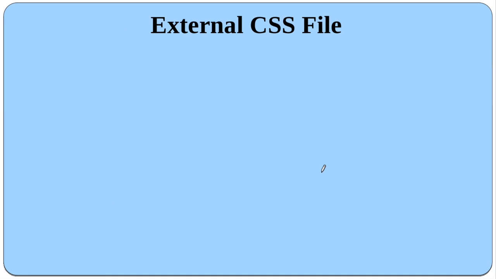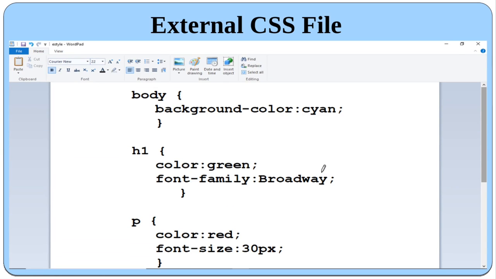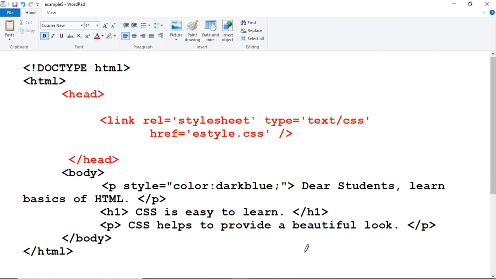Now observe we have an external CSS file to set the background color of body to tan. For the heading 1 element we are setting the color to green and font family to Broadway. For the paragraph element we are setting the color of the text to red and font size to 30 pixels. Now observe this example.